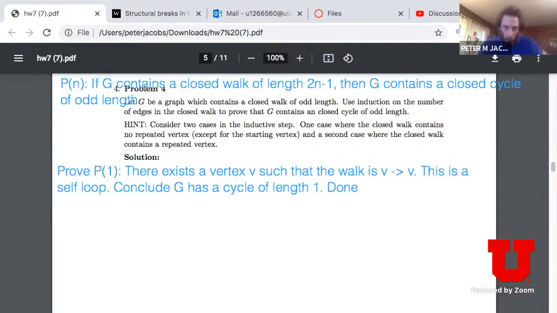All right, let's do the inductive step. So I'm going to try to do this with another text box. So we're going to prove, now our goal is to prove that P of n implies... Usually when we do an inductive proof, we'll just try to show that P of n implies P of n plus 1.